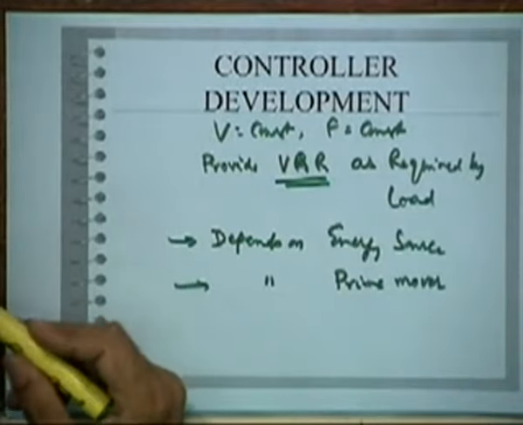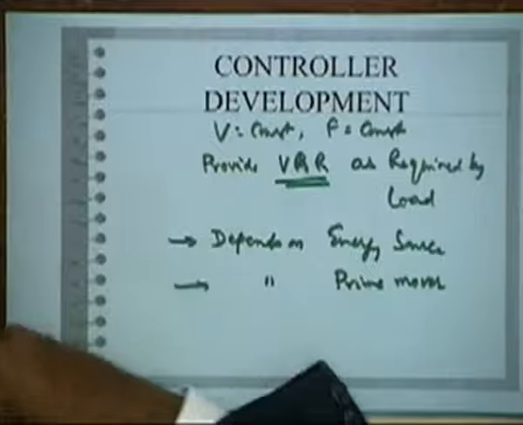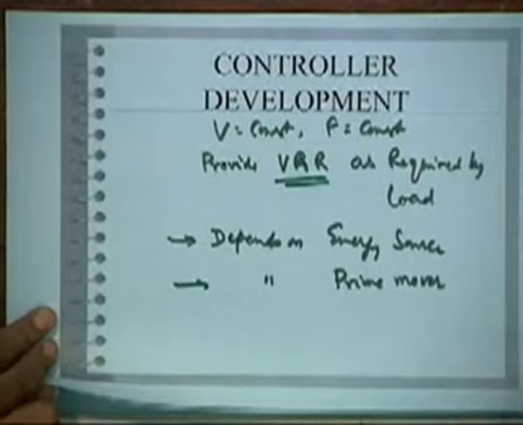There are several ways. How do you change the capacitance? One should look at what is the practical way to vary the capacitance. What methods do you know? How do you vary the capacitance at the terminal of the machine? These are the methods for VAR control.